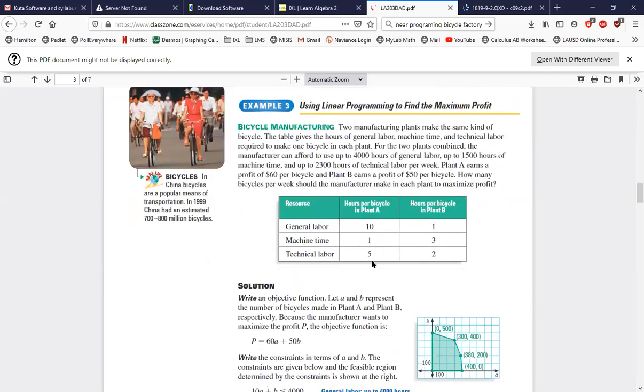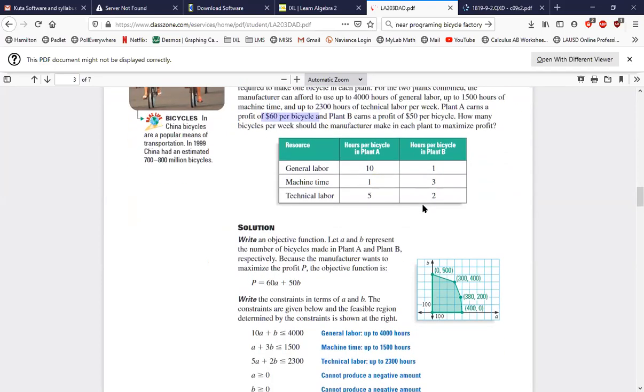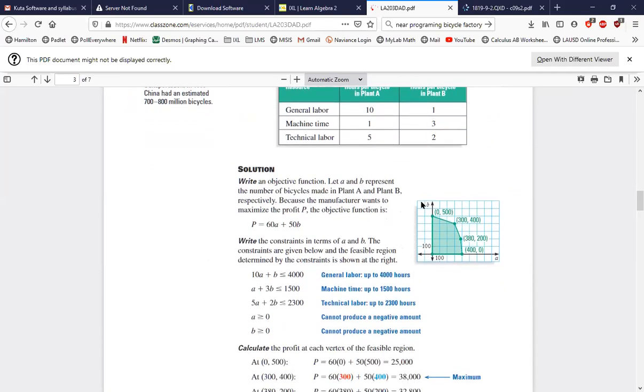Now, this question has a lot to it. Why does this guy have two plants? Why is it more profitable to run one bicycle versus another? One's $60, one's $50. And if that's the case, why don't you just keep running bikes off plant A? When they give us a situation, you'll see they draw a graph with a couple of constraints.